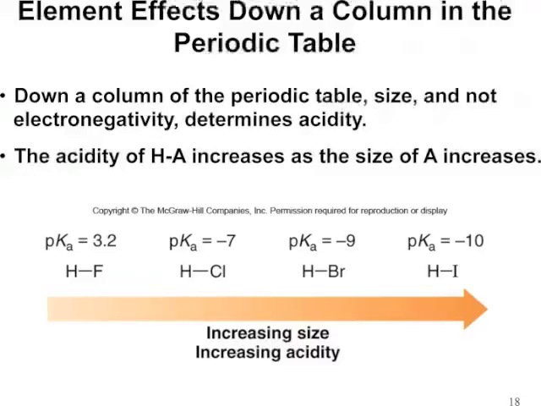So iodine is much larger than fluorine, therefore the electrostatic attraction between I-, which is large, and H+, which is small, is much weaker than between F-, which is small, and H+, which is small as well. Consequently, HI is a much stronger acid.